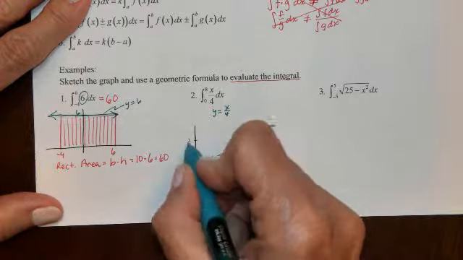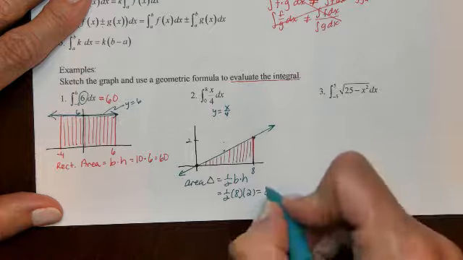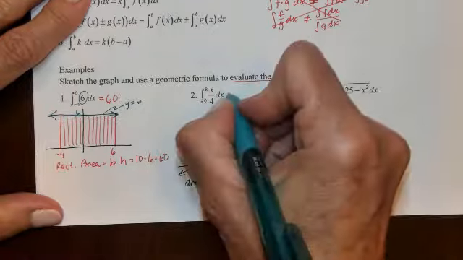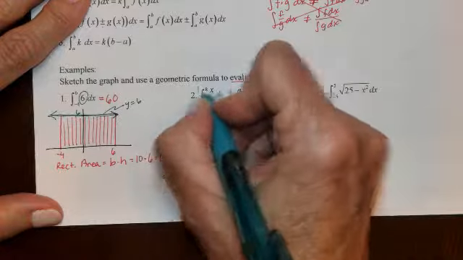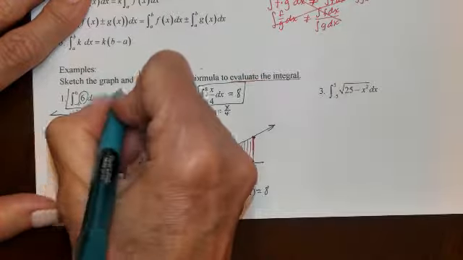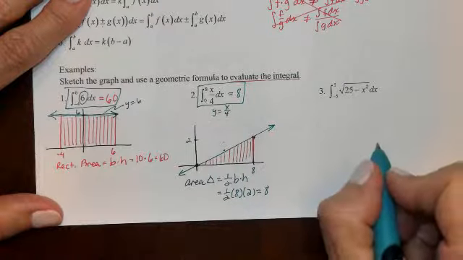So this will be 2 over here, right? So our area will be 8. So evaluate the integral. Our integral equals 8. It is the area under that curve. Okay? The integral equals 8.